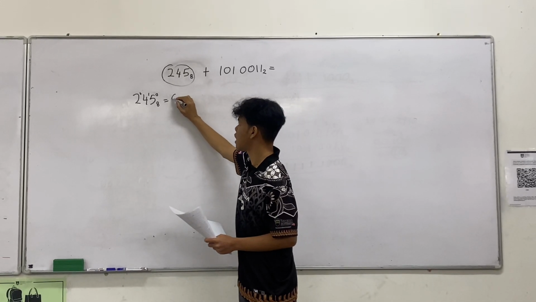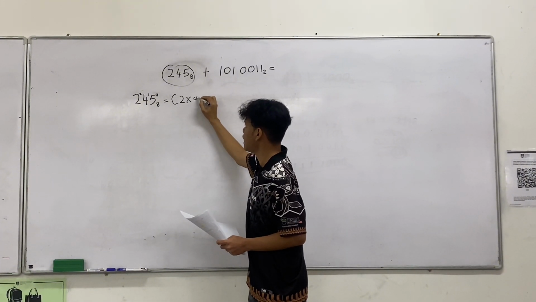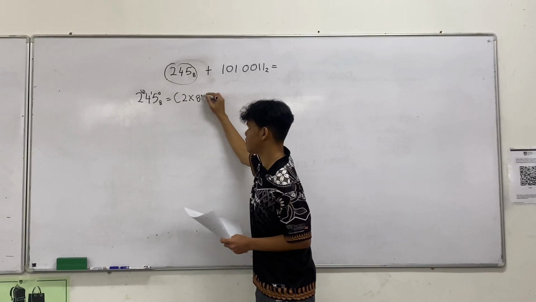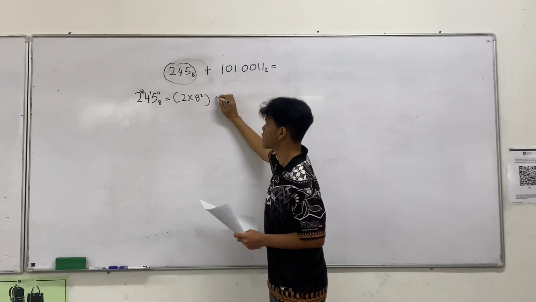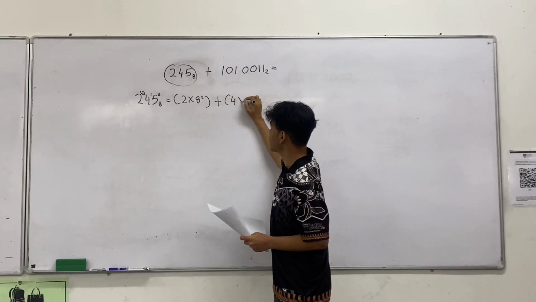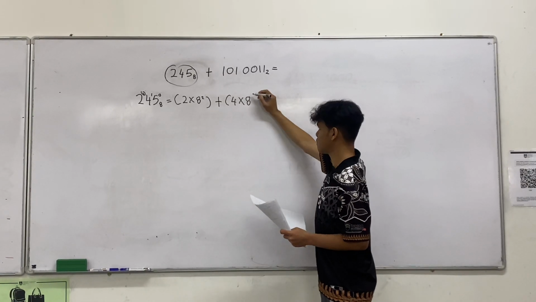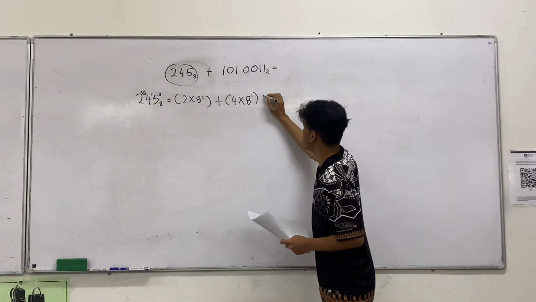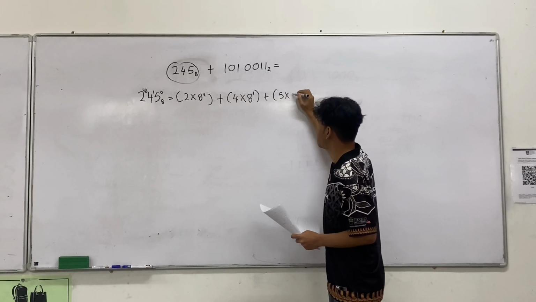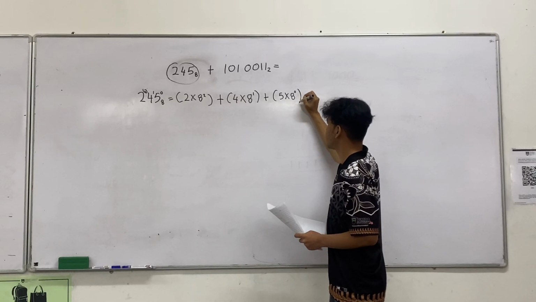So, open bracket 2 multiplied by 8 to the power of 2, close bracket; 4 multiplied by 8 to the power of 1; and 5 multiplied by 8 to the power of 0.